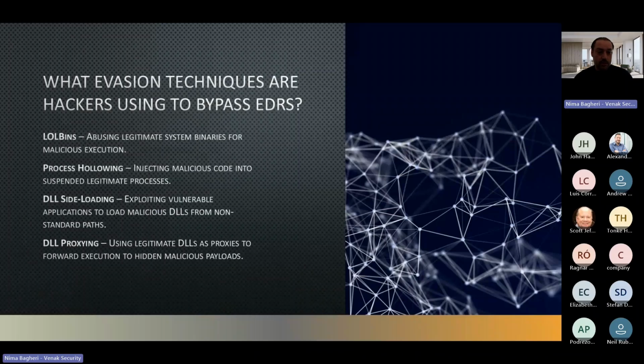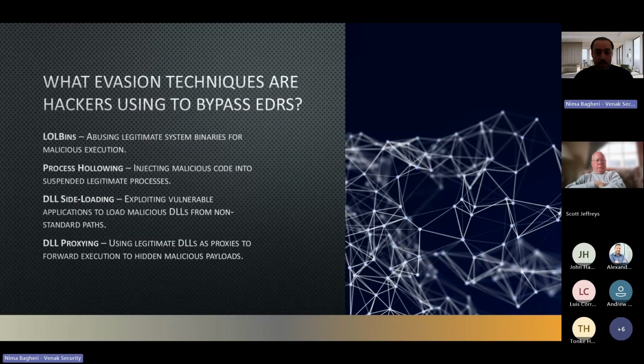So what evasion techniques are hackers using to bypass EDRs? One of them is LOLBins. Basically, they're abusing legitimate system binaries for malicious execution. Another one is process hollowing, which is injecting malicious code into a suspended legitimate process.